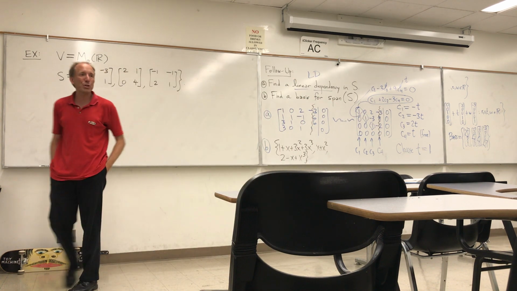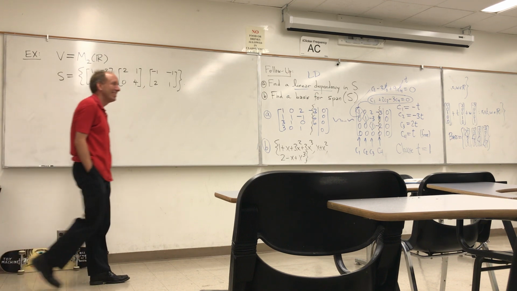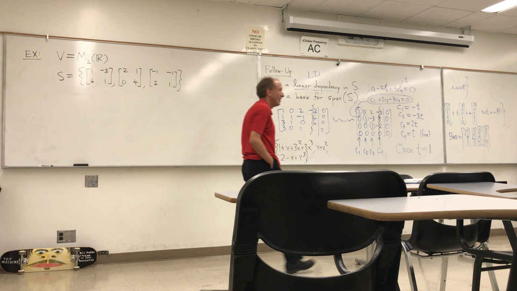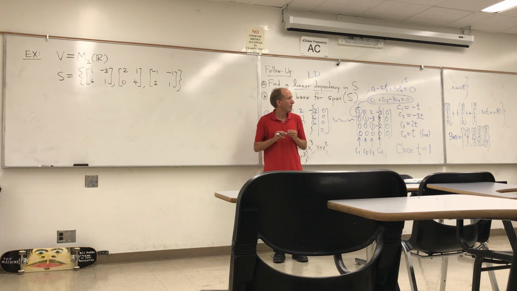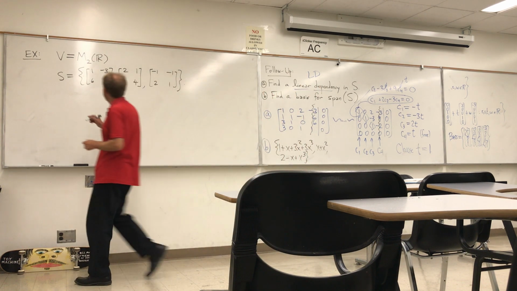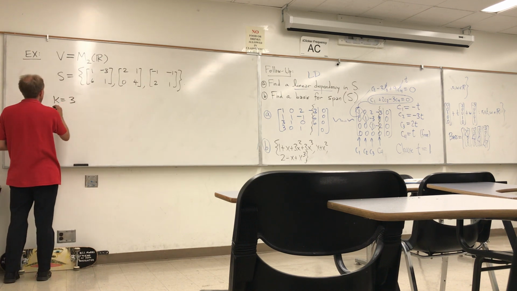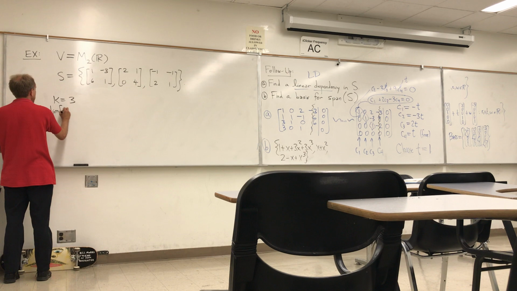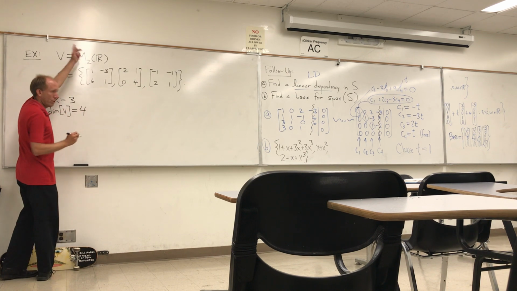Now what's your first thought here? K is equal to what here? 3 vectors, right? And what is the dimension of V, which is what I sometimes call N? It's N squared, 2 squared is 4.